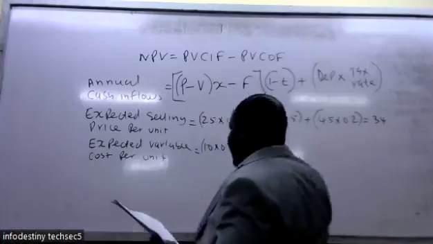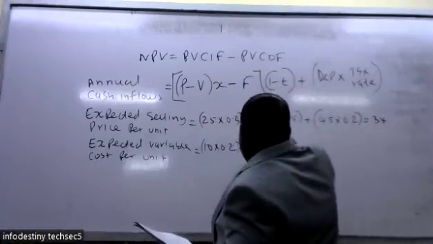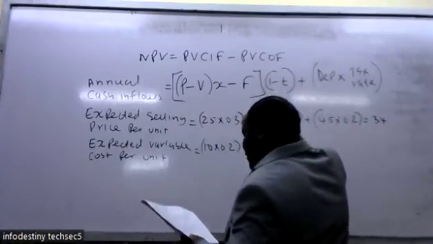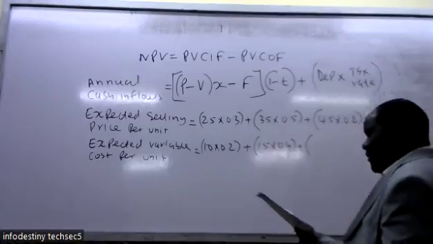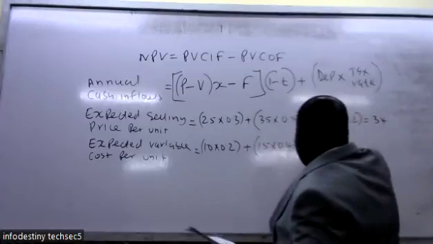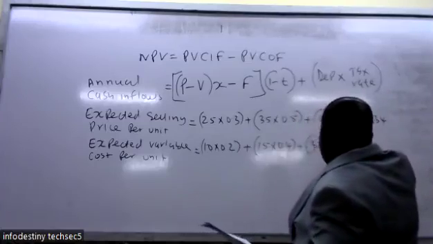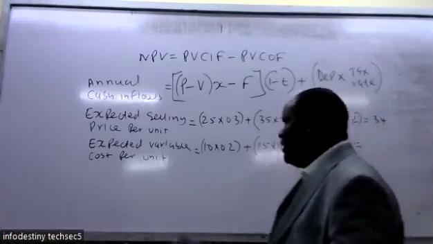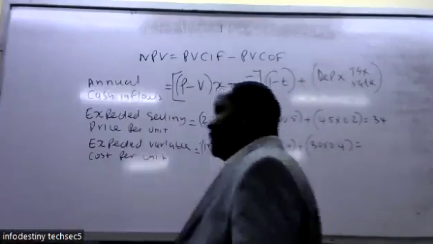We also add 15, probability of it occurring is 0.4. The other one is meant to be 13, probability of it occurring is 0.4. So we also add them together. Exactly 20.